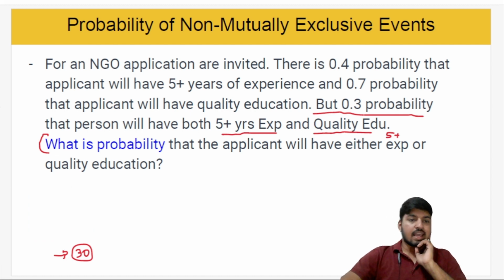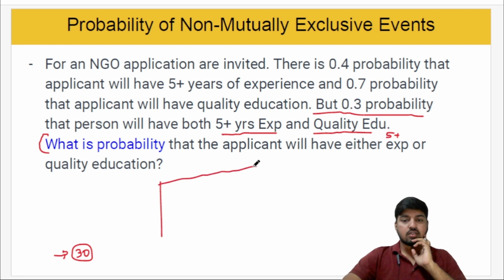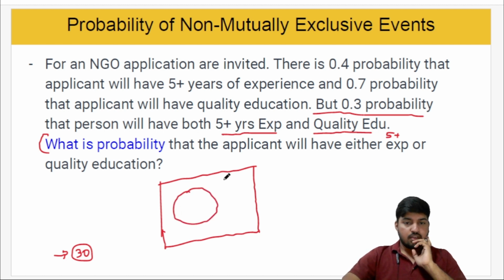So in this case, our events are not mutually exclusive. What do I mean by that? You see, if I draw, this is my sample space. If I draw a circle here, and a circle here, this is going to be the right drawing for this example.